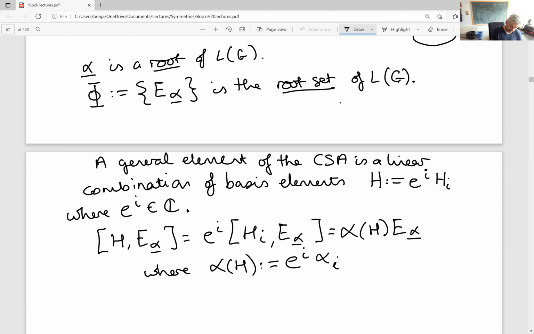So we get this combination of the components of the roots.